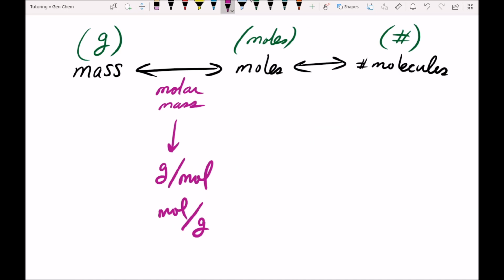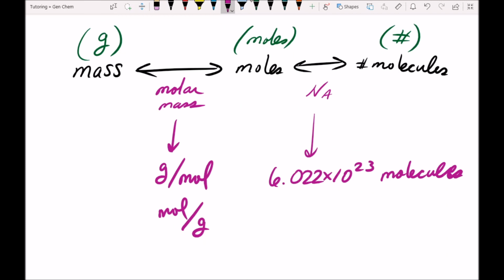Now going from moles to number of molecules, we of course use Avogadro's number, which is N_A, 6.022 times 10 to the 23rd. And what is that? That's the number of molecules, or atoms, in 1 mole of a substance.